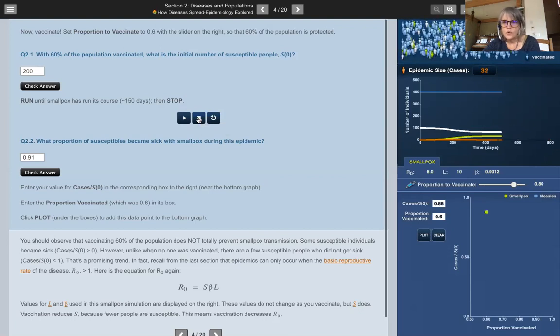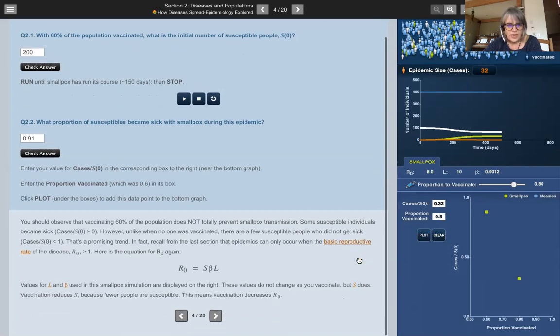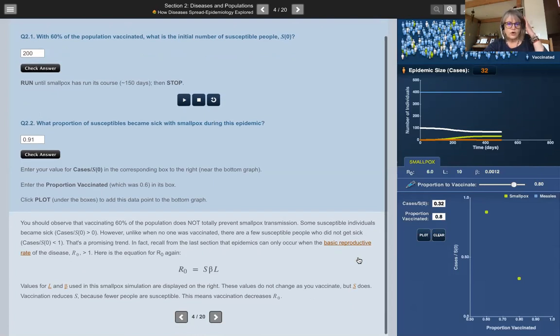Then I take my total number of individuals, which started at 100, and divide it to get 0.32, and my vaccination rate is 0.8. Then I plot that. I keep doing that until I get to a point where there are no more cases. What does my vaccination rate have to be for there to be no more cases?